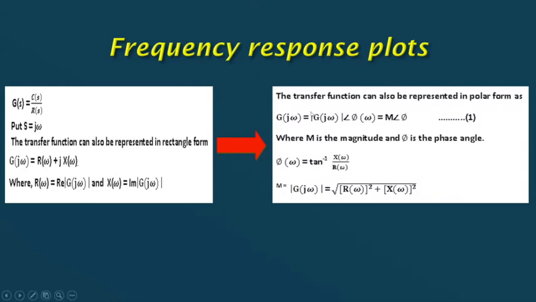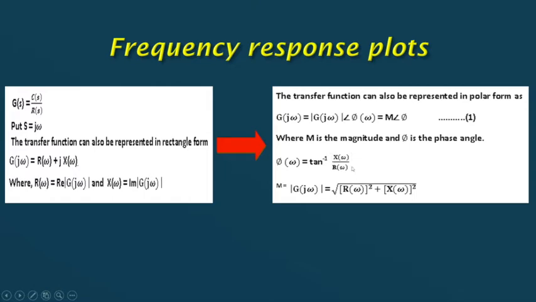If the transfer function is considered in polar form, then we write the magnitude and angle of G(j omega): magnitude M and phase angle phi. The angle is equal to tan inverse of X(omega) by R(omega), that means imaginary part by real part.